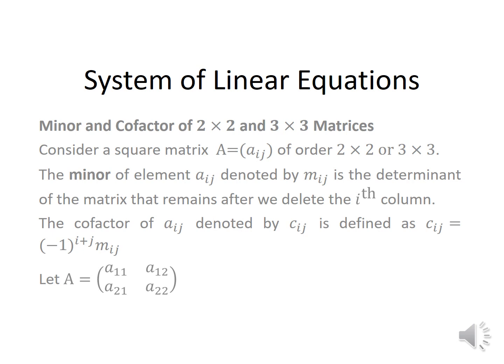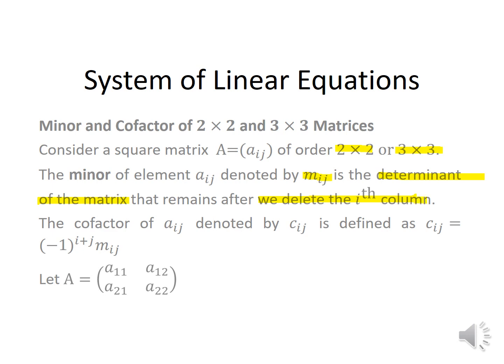The minor and cofactor of 2 by 2 and 3 by 3 matrices. Consider a square matrix A of order 2 by 2 or 3 by 3. The minor of element Aij, denoted by Mij, is the determinant of the matrix, based on the determinant method, that remains after we delete the i-th row and j-th column.